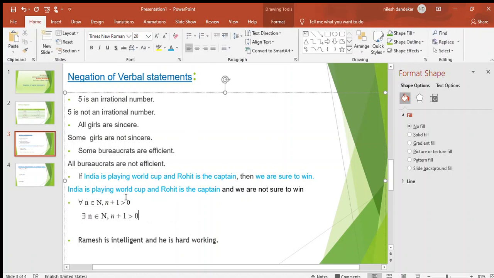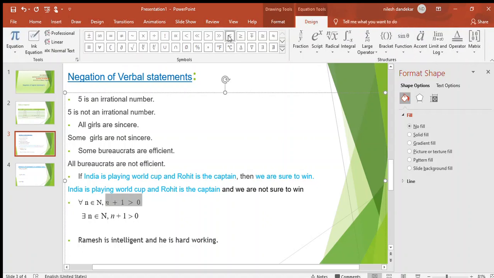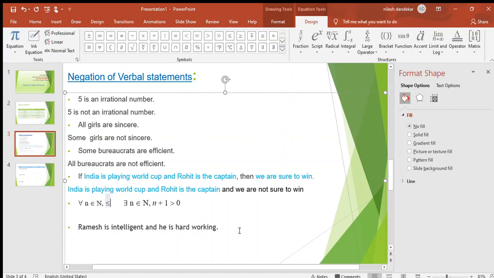There exists n belongs to N such that n plus 1 is greater than 0. The opposite of it, or negation of it, is n plus 1 is not greater than 0. Not greater than means it is less than or equal to 0.